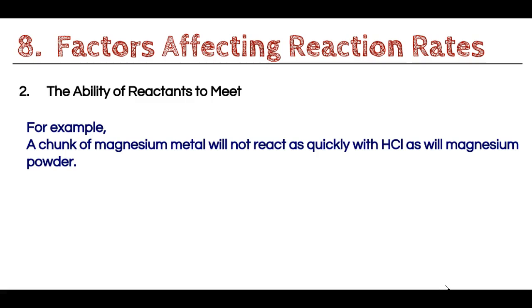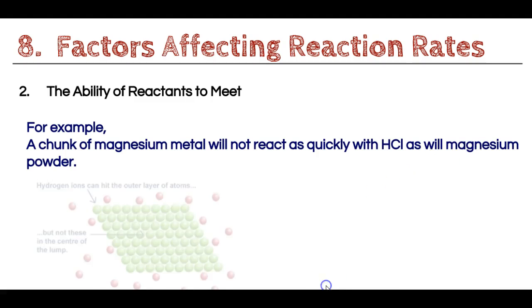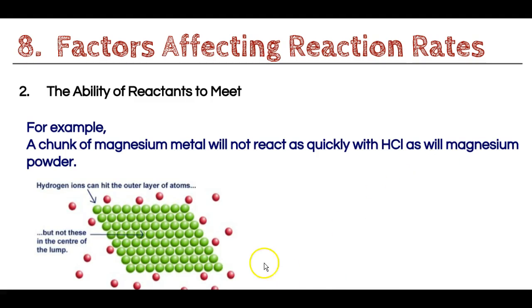Another good example is if I were to take that chunk of magnesium metal and plunk it into some HCl, and then I try to do the same with some magnesium powder. Let's look at the first case, where I take that big honkin' chunk of magnesium metal and place it in some hydrochloric acid.